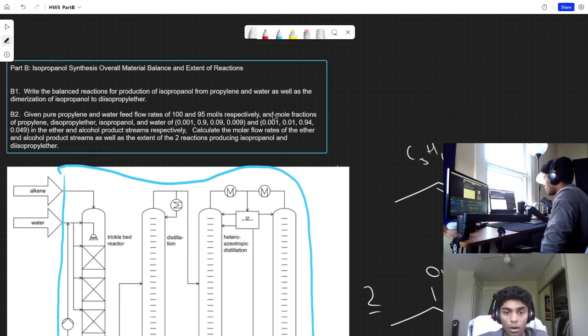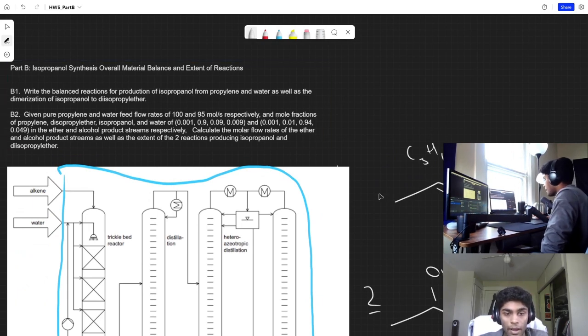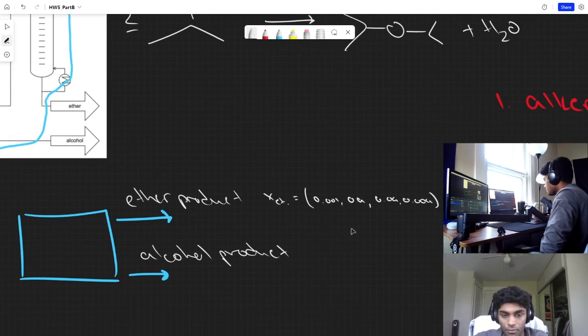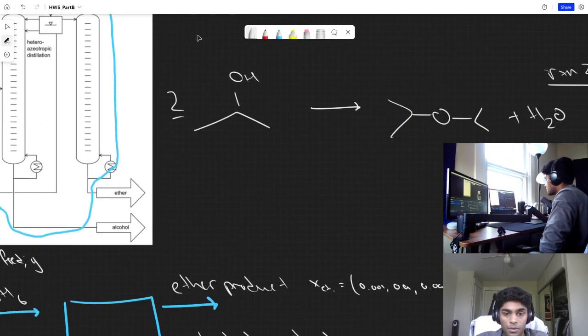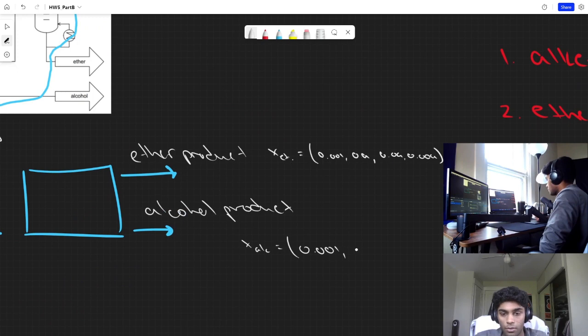And for our alcohol, it looks like we're going to have, again, a very low amount of our initial alkene. We are going to have 0.01 ether.